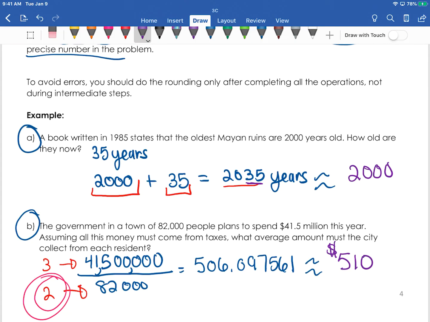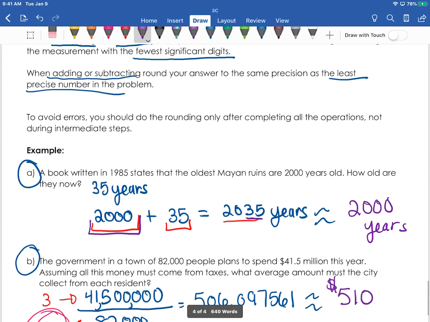Because we have to round it to the thousands, because this is the least precise number, we either want to keep it at 2,000 or bump it up to 3,000. And 2,035 is definitely not past 2,500 where we can bump it up to 3,000. So we have to keep it at 2,000 years as an estimate.